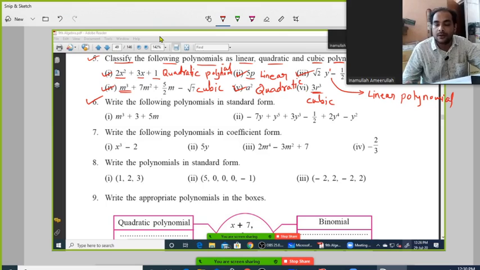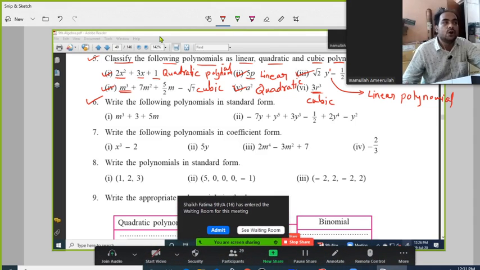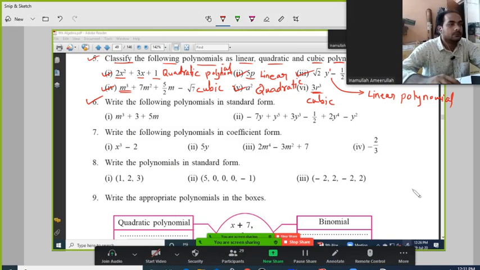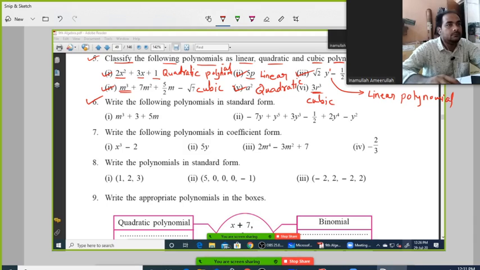The question is m cube plus 3 plus 5m. So the order is scattered. It means you arrange this polynomial as per their power, either in ascending order or in descending order. So in proper order it can be written as: first the highest degree is cube, so you write m cube.